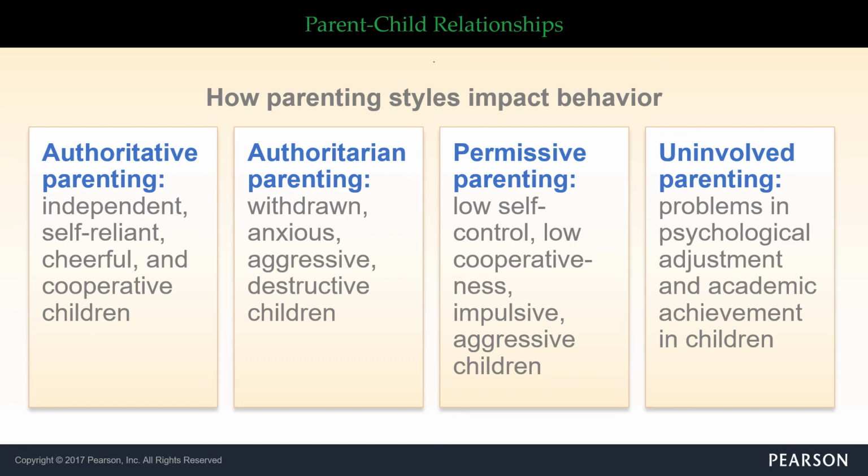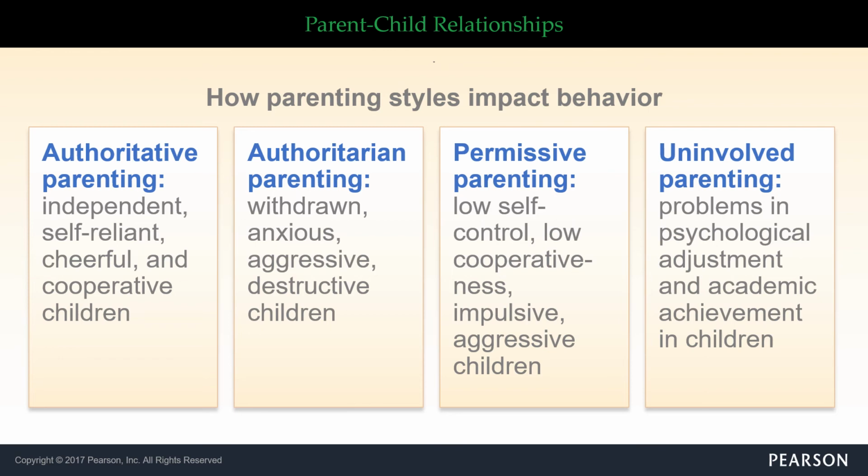So authoritarian parents tend to end up with children who are withdrawn and anxious. They tend to be aggressive away from their parents and destructive as children because they revolt from not having any kind of say or warmth and responsiveness.